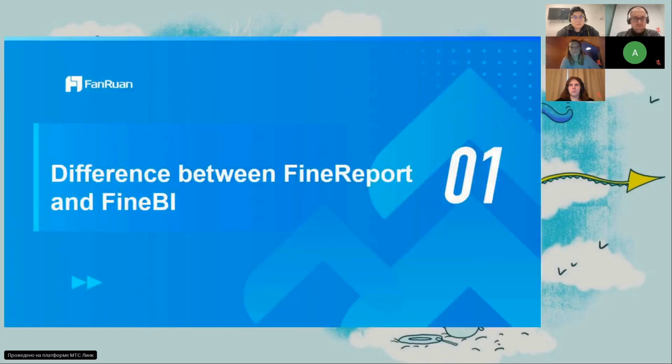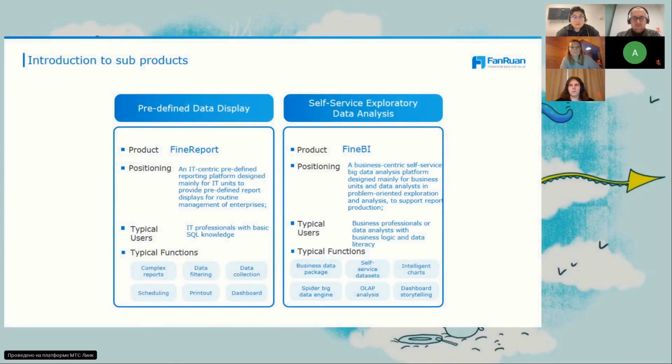Okay, let's go to the first part. As we can see, FineReport is mainly for the IT department because FineReport needs you to have a basic SQL knowledge. In addition, if you want to have some special style for your company or for yourself, you also need to have the skills of JavaScript.